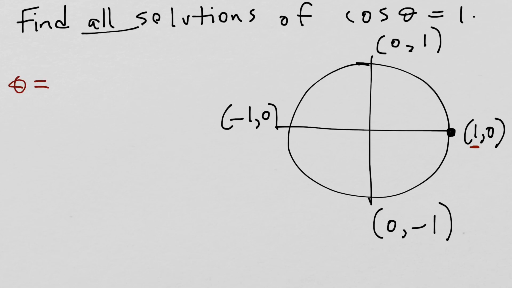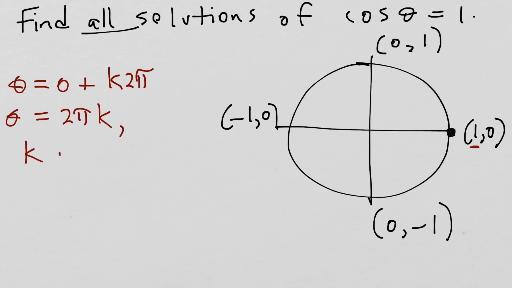This is 0 radians right here. 0 radians plus all multiples of 2 pi. That can be written without the 0. So we can say 2 pi times k, where k is an integer. More correctly, any integer.